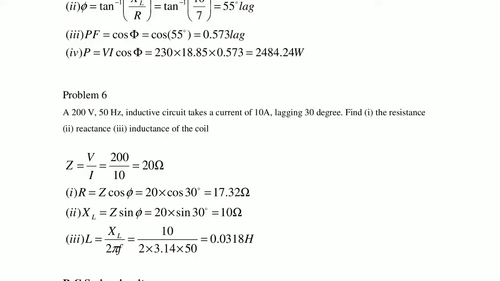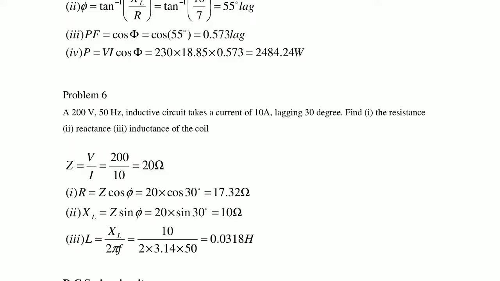Here XL is with sin phi and R is with cos phi. So XL is 20 into sin 30, which gives 10 ohms. Here Z is 20 ohms, R is 17.32 ohms, and XL is 10 ohms.